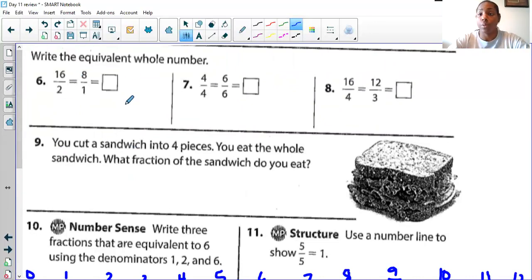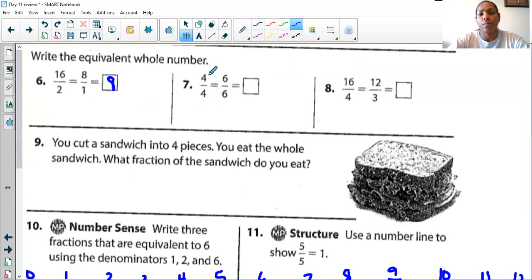Write the equivalent whole number. All you're doing is breaking it down, just like I said. So you're dividing. So 16 divided by 2. And what they did was they reduced it. This is something you'll be learning in 4th grade, how to reduce or simplify your fractions. So 8 over 1 is also going to be equal to 8.